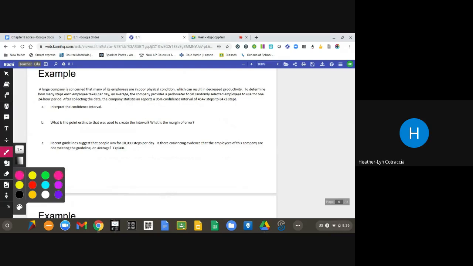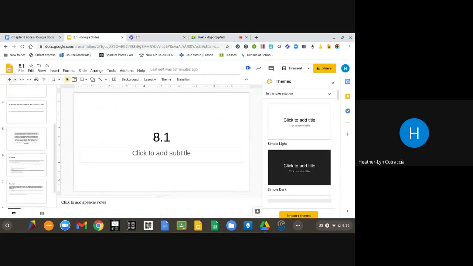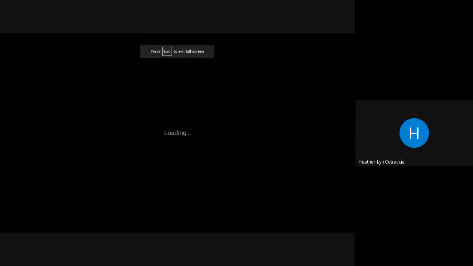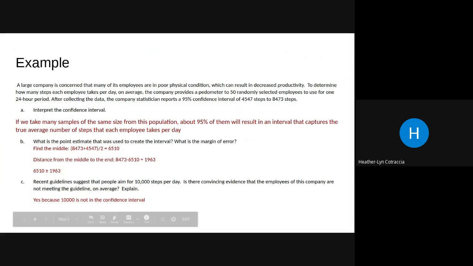So I had the answers here, so I'm just going to flip over really quick to 8.1 because I think I have it. I just won't be able to write it, but I already typed them in. A large company is concerned that many of its employees are in poor physical health.